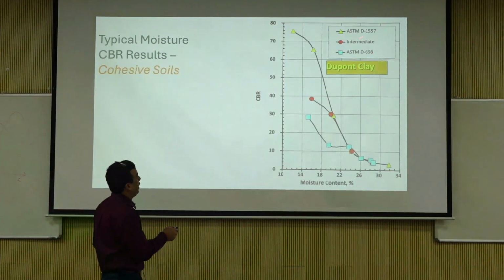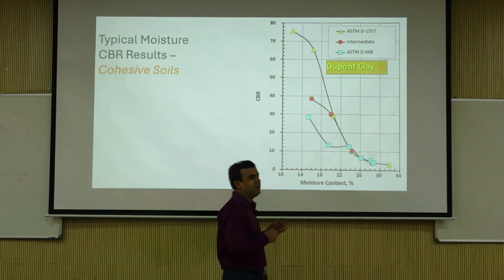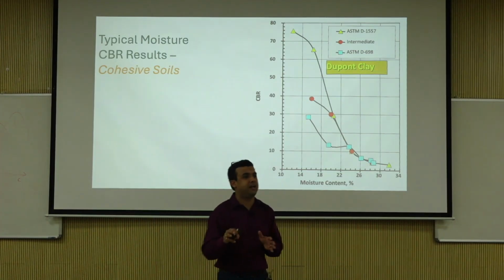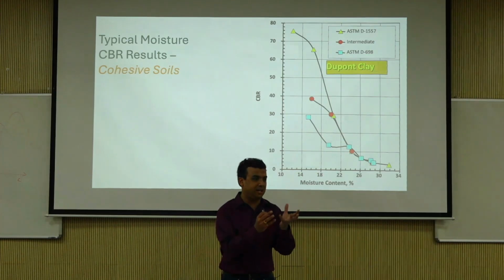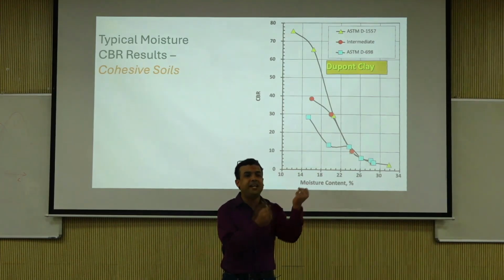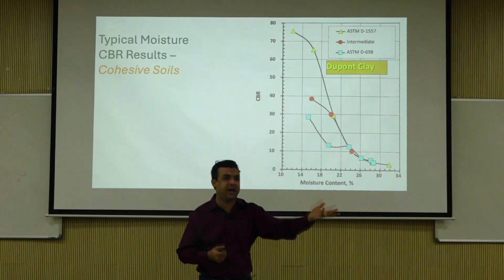Compaction affects a lot. This ASTM D1557 is your modified, this is your standard. And again, in this short course, we are not going into detail on compaction, because we assume that you have a good background. You know that MDD and OMC are not fundamental properties, right? They are dependent on the compactive effort.